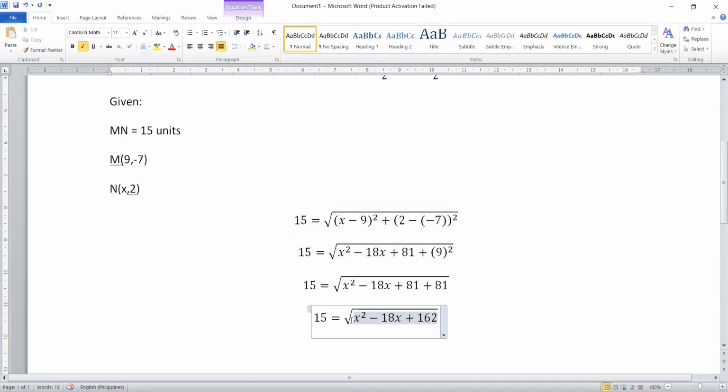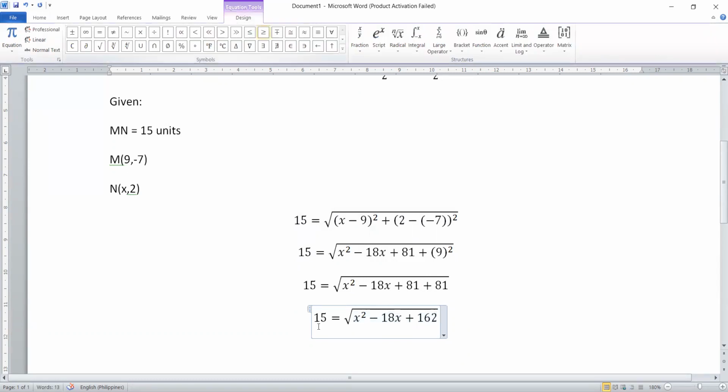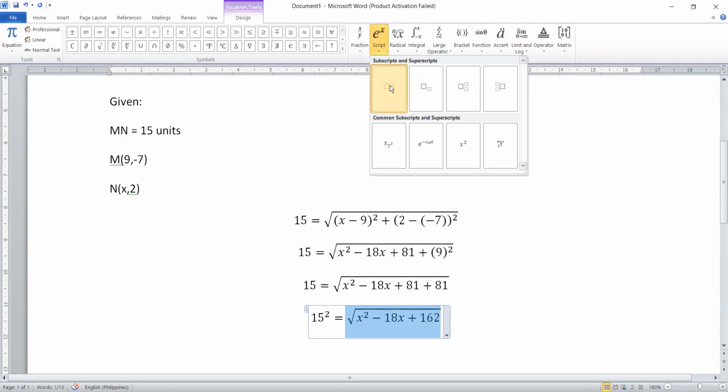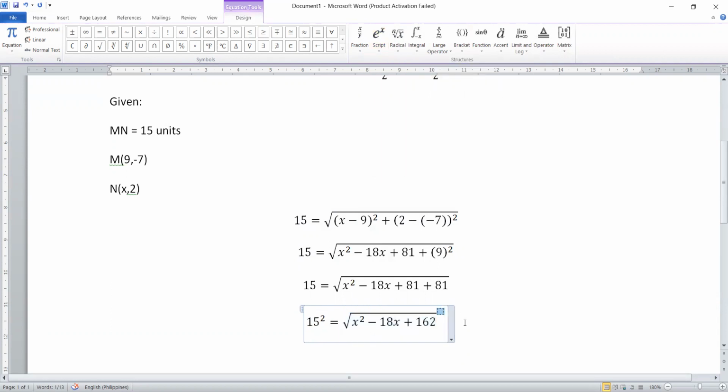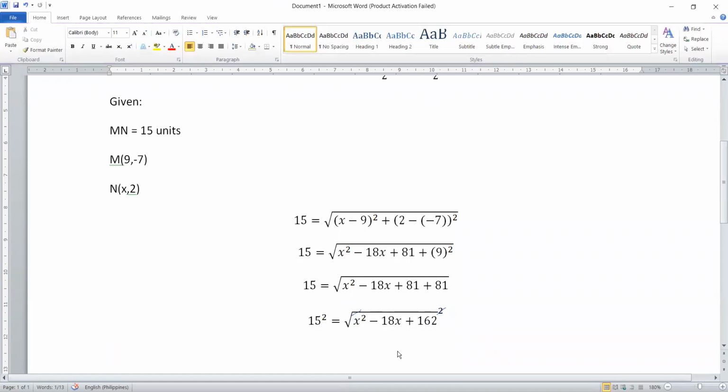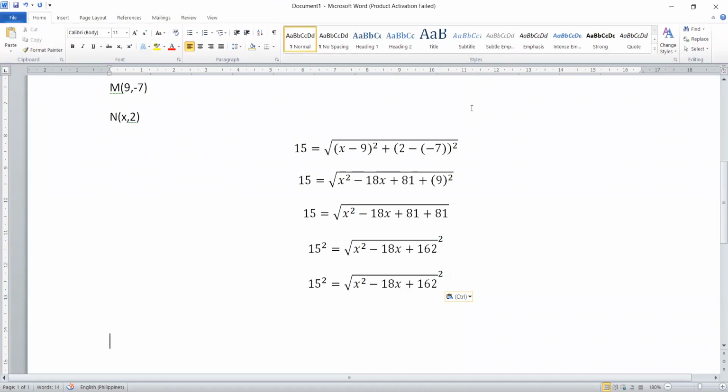Now, you have to remove the square root sign. So for you to do that, you have to square both sides. So let's have here 15 squared is equal to the square root of x squared minus 18x plus 162, squared. So this will cancel out. So that will be 15 squared is equal to 225.